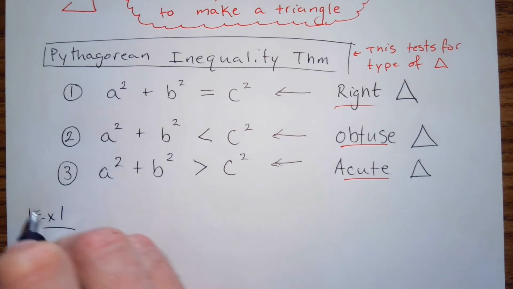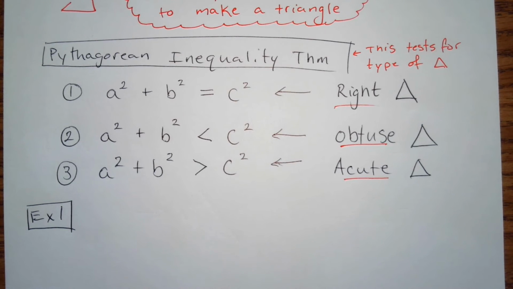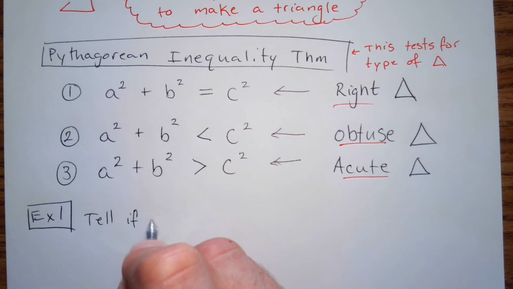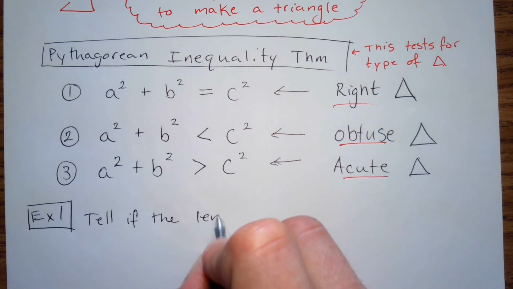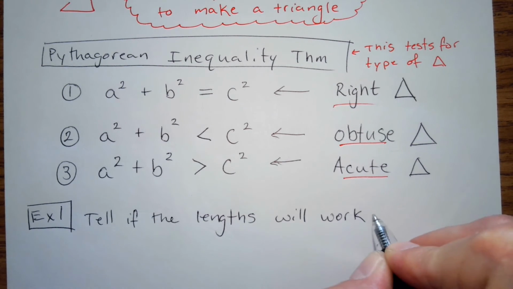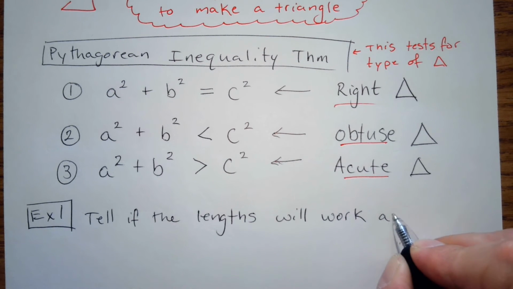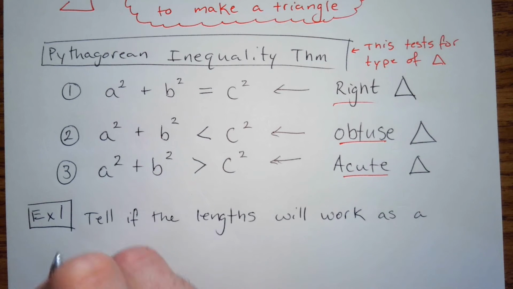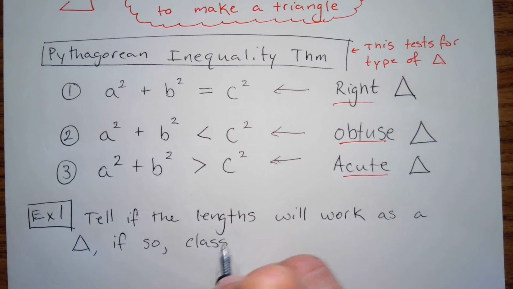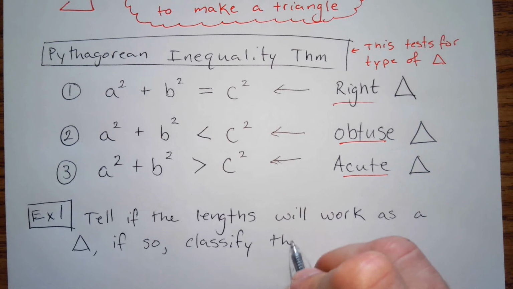And then maybe only one example for today. We'll see. The rest I'll do when we get the assignment. Tell if the lengths will work as a triangle. If so, classify the triangle.